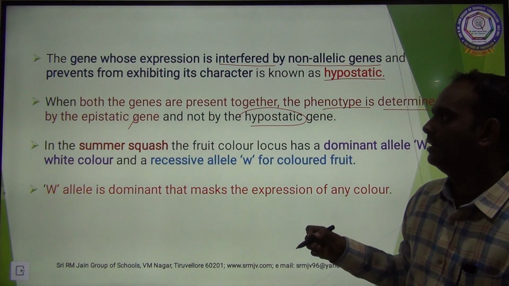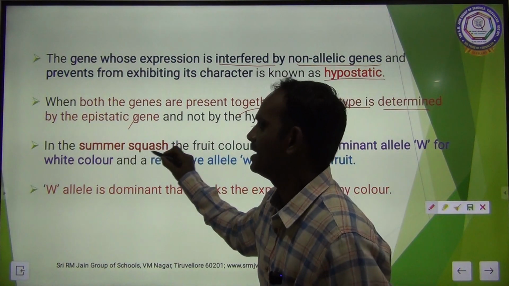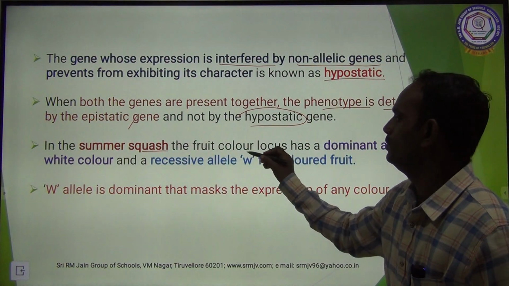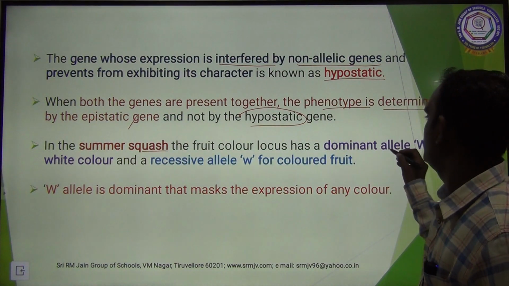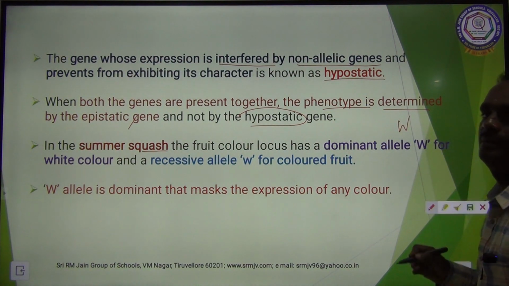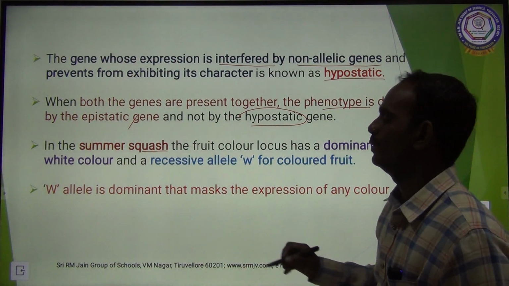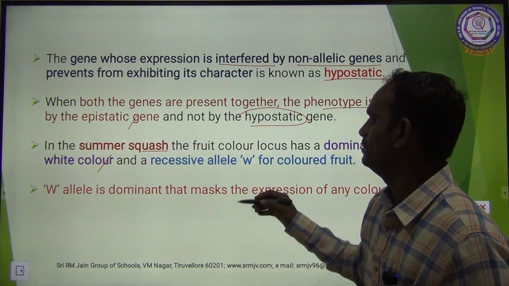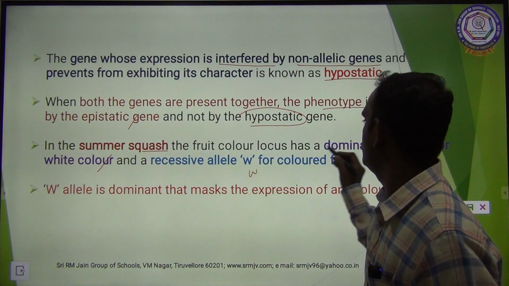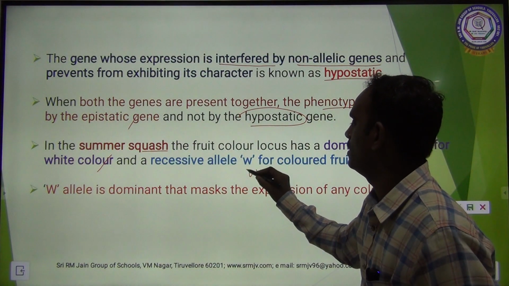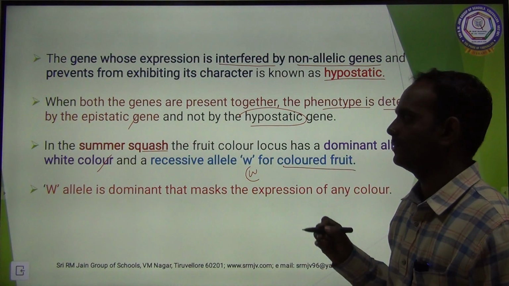For example, in summer squash, the fruit color locus has a dominant allele, capital W, for white color, and a recessive allele, small w, for colored fruit.